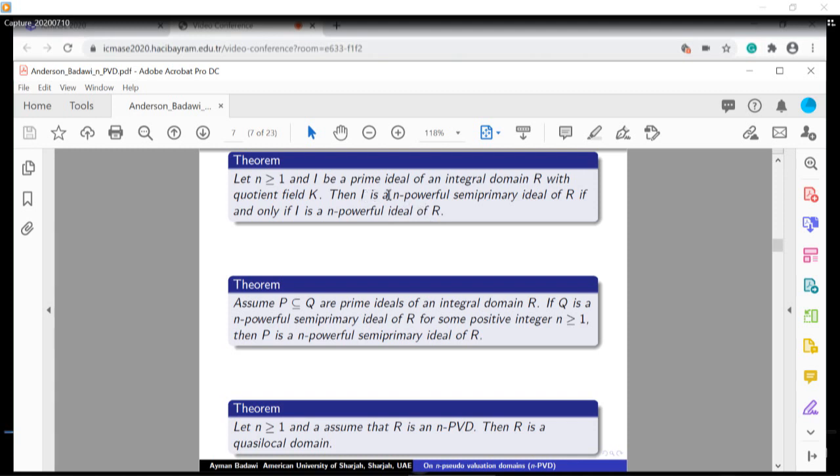Okay, remember what n powerful semi-primary means?